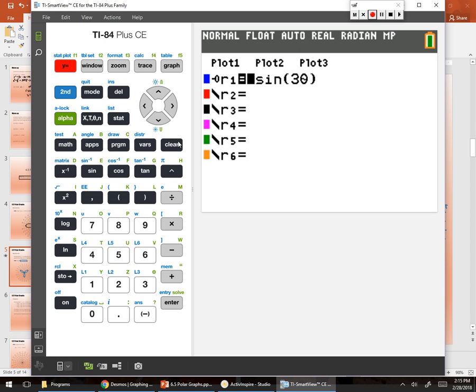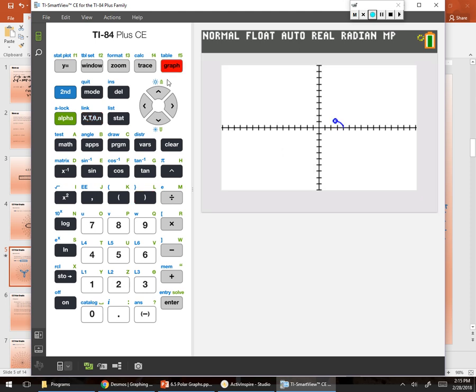Let's go back and put the previous one in too: 4 cosine 2 theta, I think it was. Switch the window to zoom square, whatever it's called.